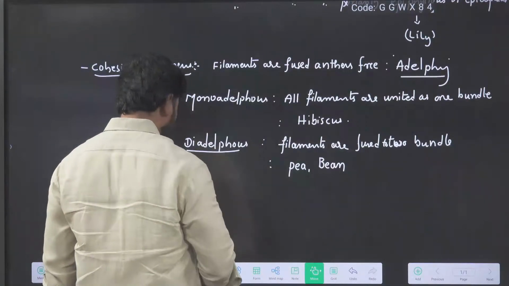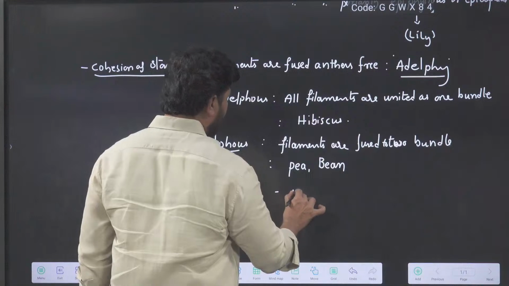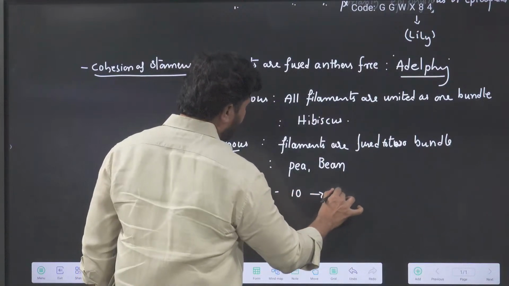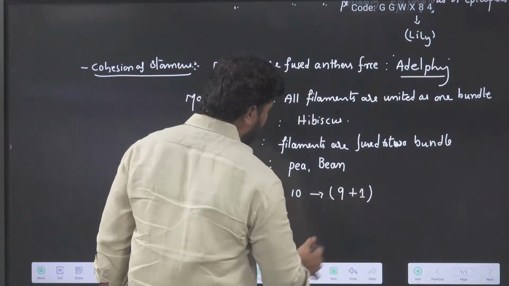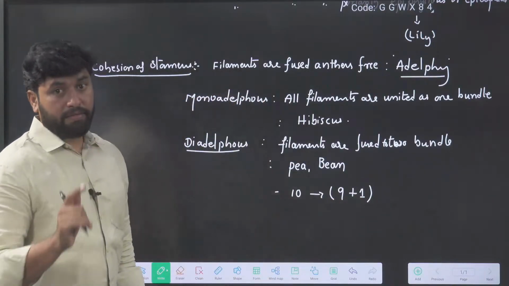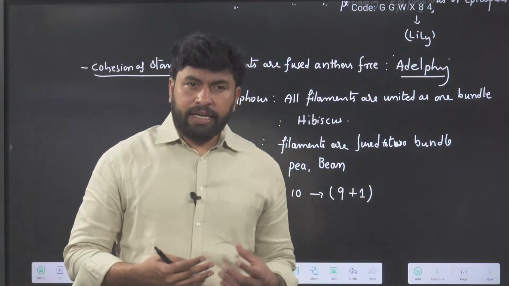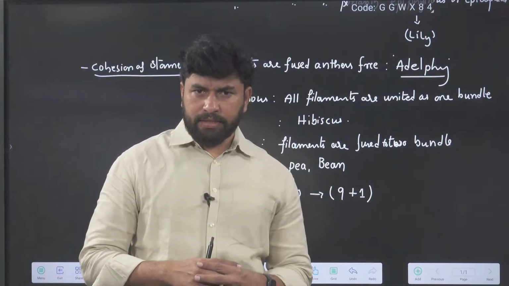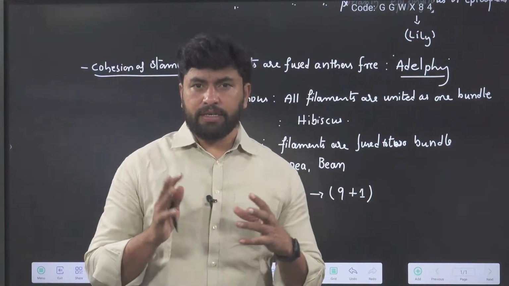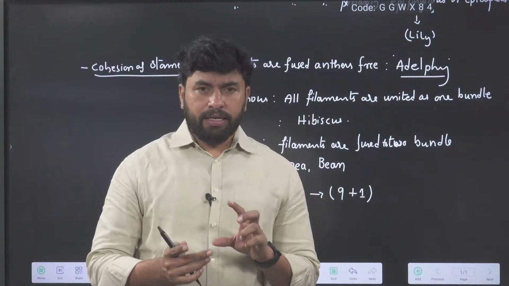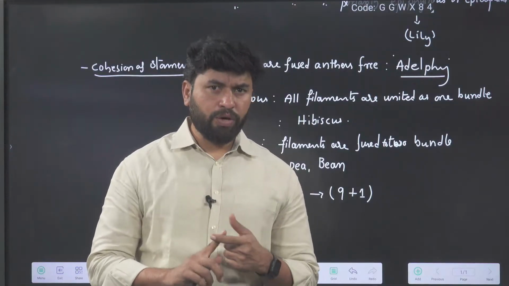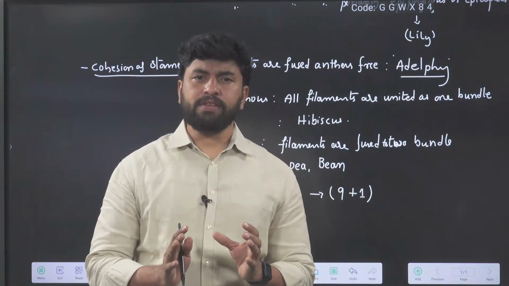They have 10 in total. The 10 are arranged such that 9 filaments form one bundle, and one filament is separate. Be very careful. If they say in a diadelphous Androecium, anthers are fused like 9 in one bundle and one separate, that is extremely wrong.